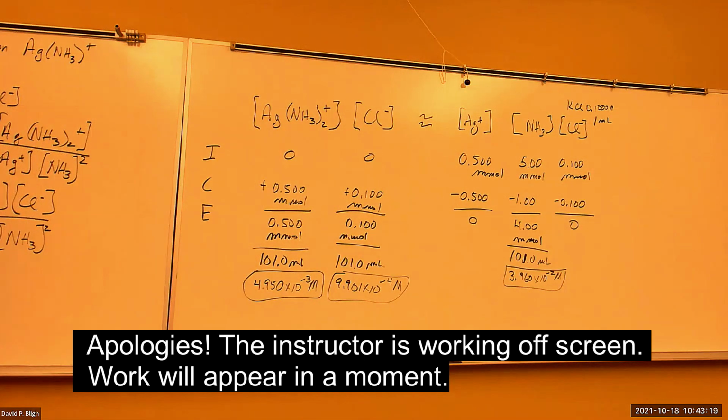We got this one, 4.950 times 10 to the minus 3, chloride, 9.901 times 10 to the minus 4, and ammonia, 3.960 times 10 to the minus 2. And then our KSP, which is 1.7 times 10 to the minus 10. I think Salcon uses 1.8. So take your pick, whichever one you want to use.